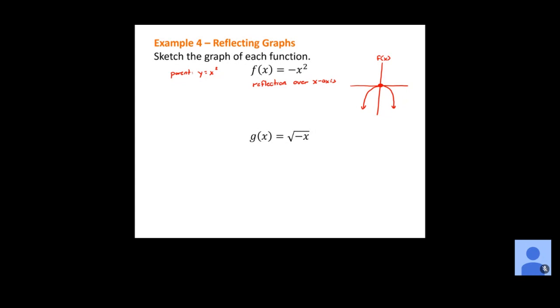Okay, let's look at the second one. So same thing, I want to first identify the parent function. What's my parent function this time? Square root of x. Good. So y equals square root of x. So in this case, what type of transformation are we going to have?